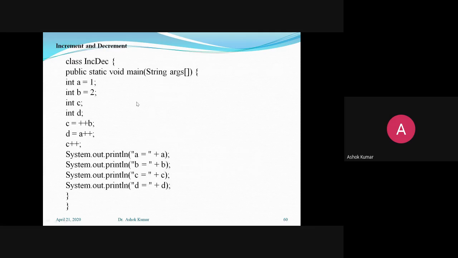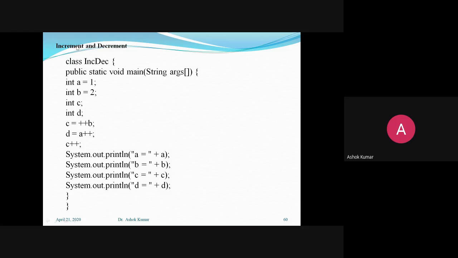So this is very easy. The next is the increment operator. For the increment operator we use the double plus symbol. We have 2 types, increment and decrement. For the increment operator we use plus plus, and for the decrement operator we use minus minus.